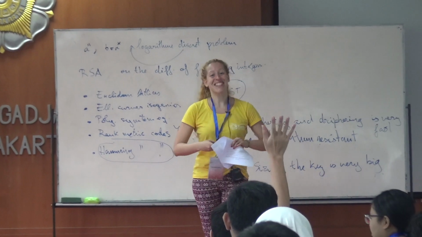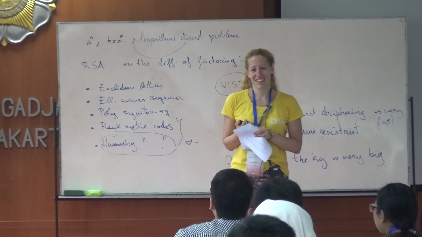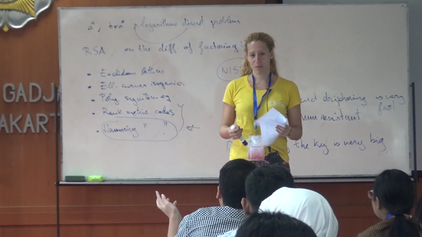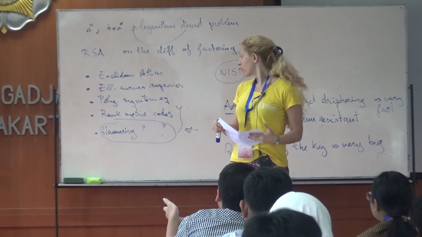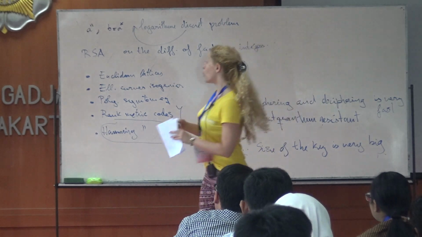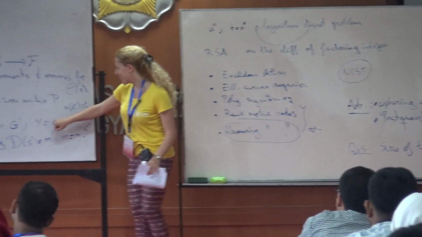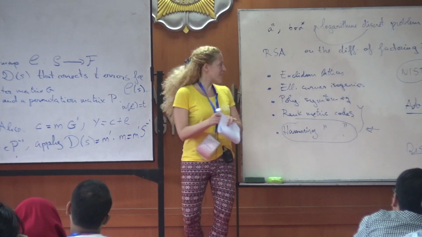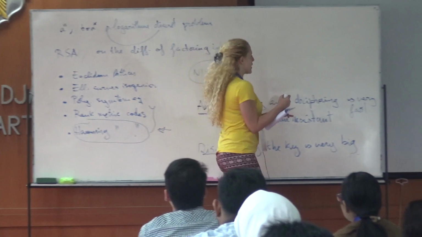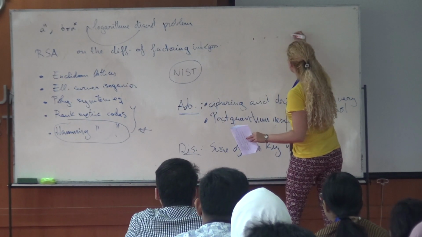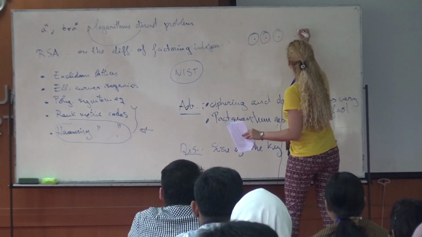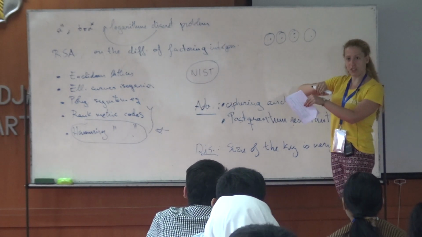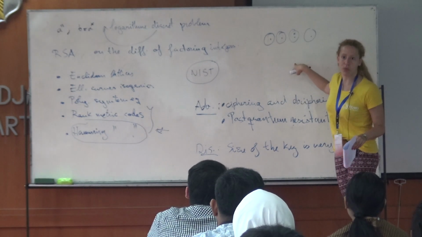Questions? Yes? I still don't understand the decryption part. Alice receives Y, then how could we know the C? Oh, because in order to get here the C, you need to correct. It's like when you have your code, you do the balls, and if you get something that is here, you have to get the closest vector, that is the difficult problem.